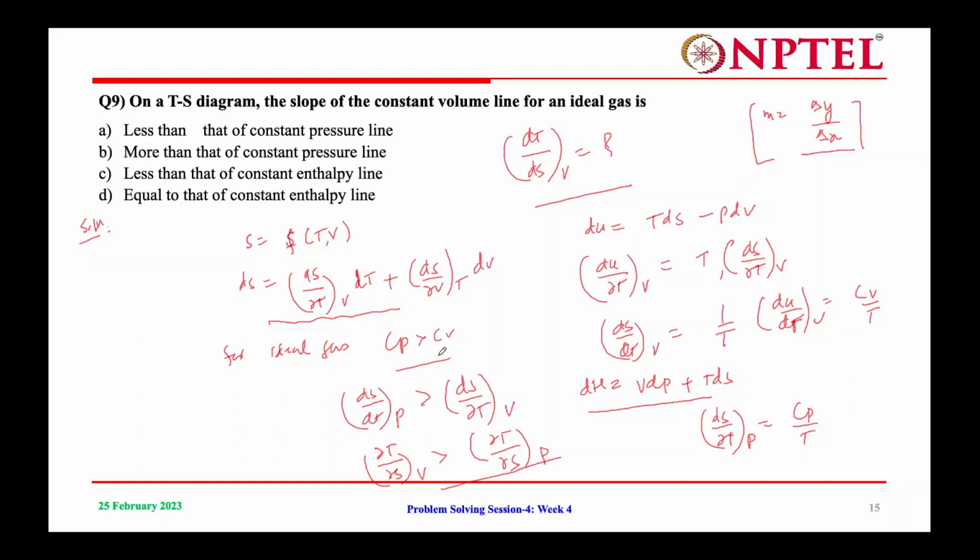Based on that we can reason that ds by dT at constant p is greater than ds by dT at constant v, but here the ask is dT divided by ds. So when we invert, dT by ds at constant v is greater than dT by ds at constant pressure lines.